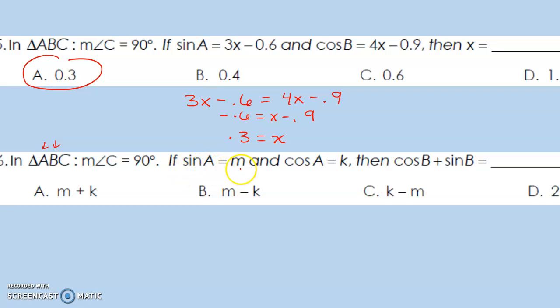If sine of A is M and cosine of A is K, the sine of A right here is the same thing as cosine B. Cosine B equals M. And then the cosine of A is the same thing as sine of B. So I end up with M plus K.